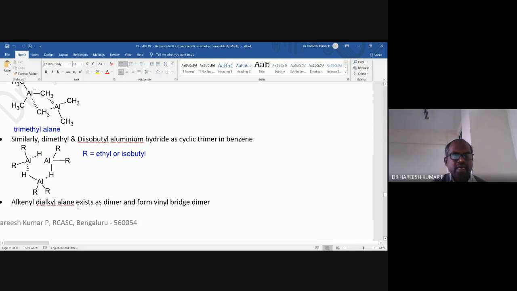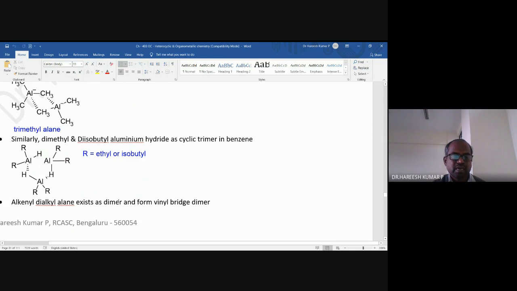Alkynyl dialkyl alane. Alkynyl means a multiple bond, and dialkyl means two alkyl groups. It exists as a dimer and forms a vinyl bridge dimer.